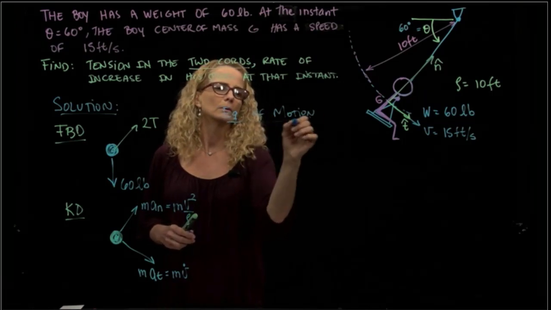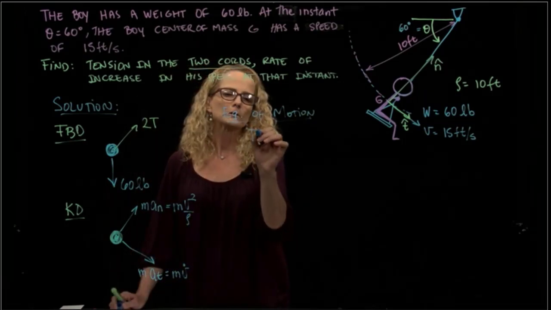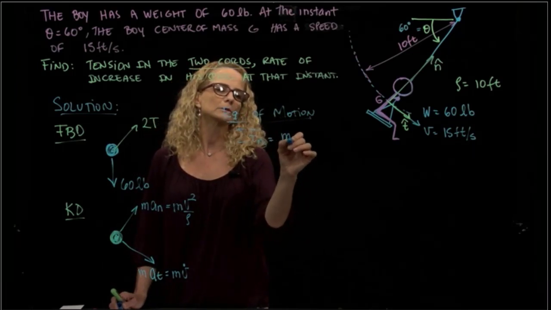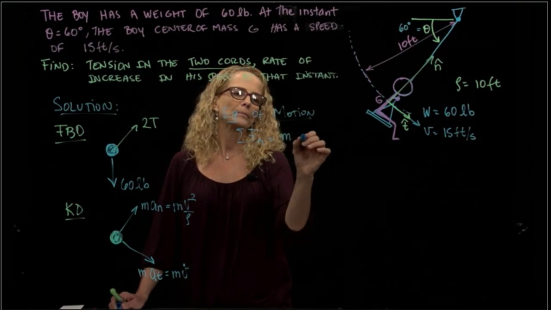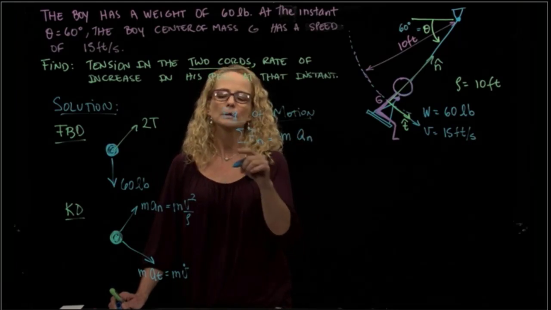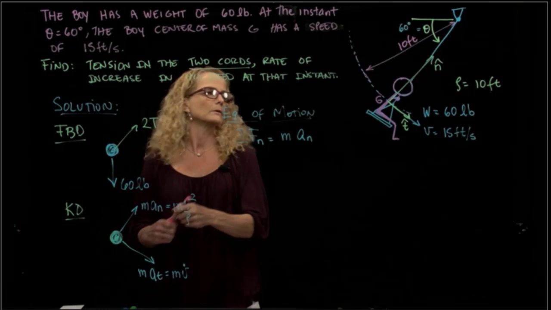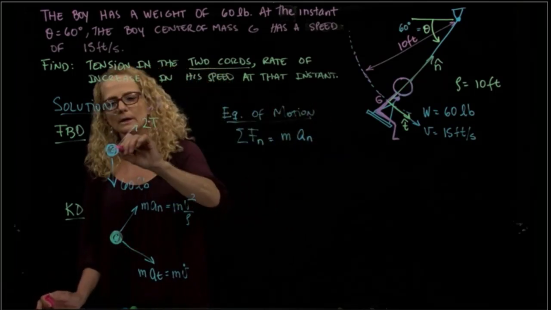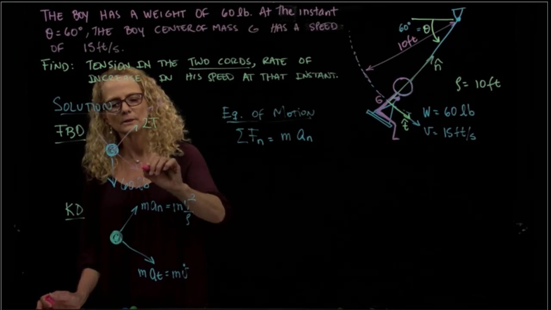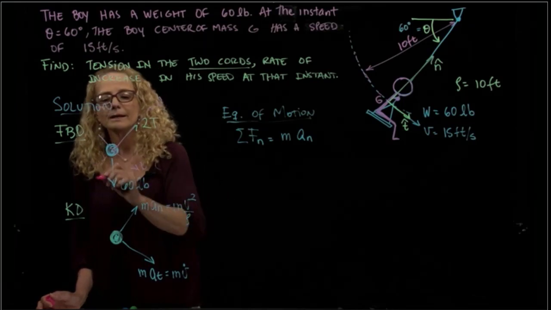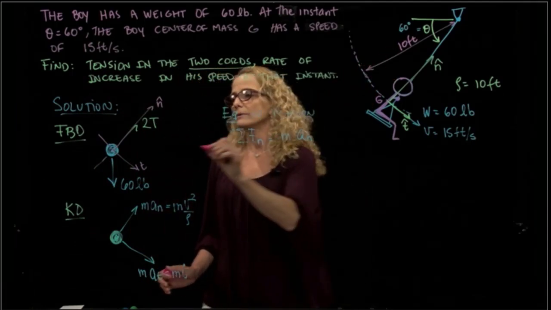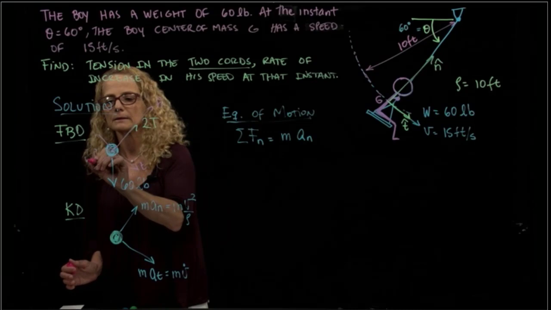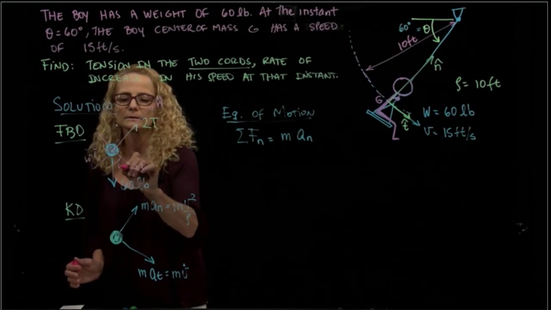We know that the forces in the normal direction are equal to the mass times the acceleration in the normal direction. If we draw our coordinate system right here, this is the normal and this is the tangential. We need to have that angle here. We know this angle right here is 60, so this angle right here is also 60.